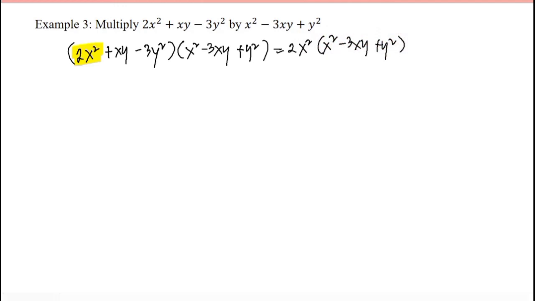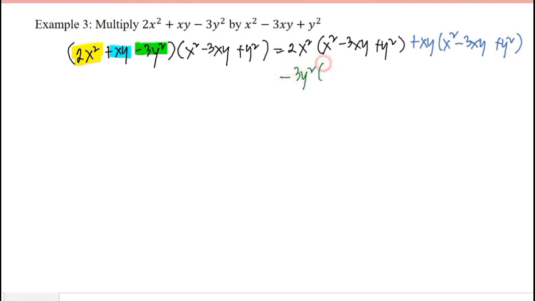And for the second term here, we have plus xy times x squared minus 3xy plus y squared. And for the third term, we have negative 3y squared. So we have here negative 3y squared times x squared minus 3xy plus y squared.